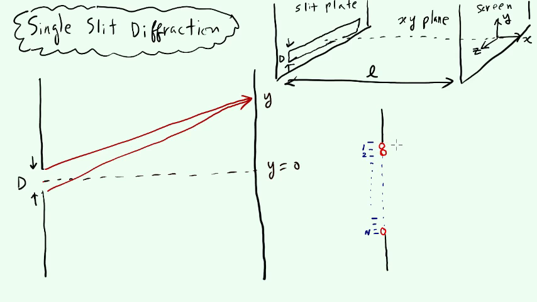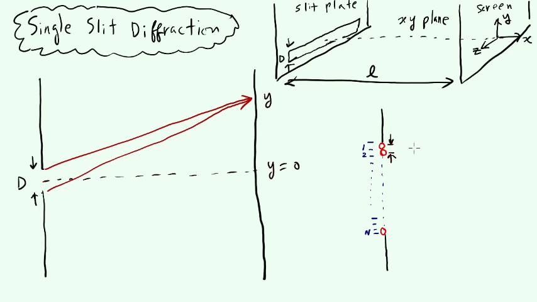First of all, what is the slit spacing? That's important, right? We need to know d. In this case, we have to measure from the center of this red one to the center of that red one. And so what is the slit spacing here?